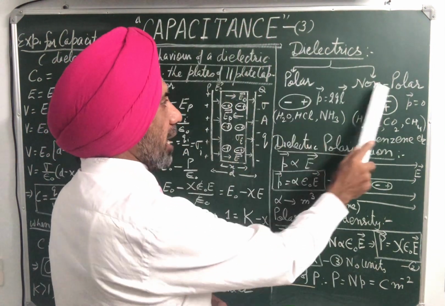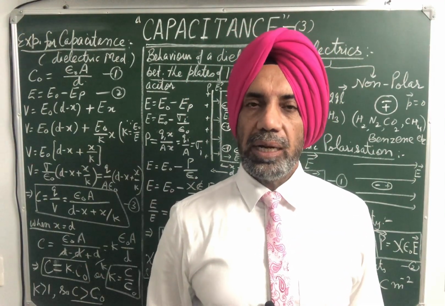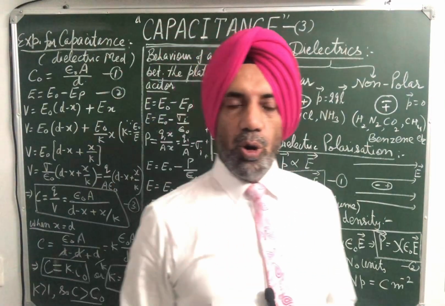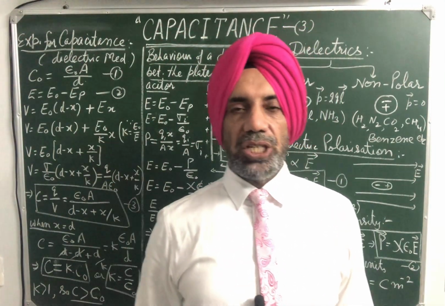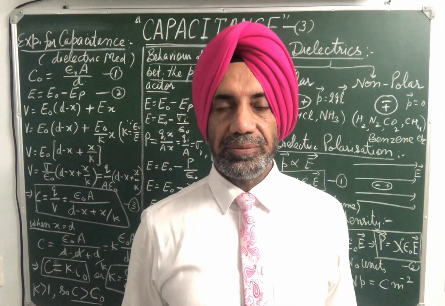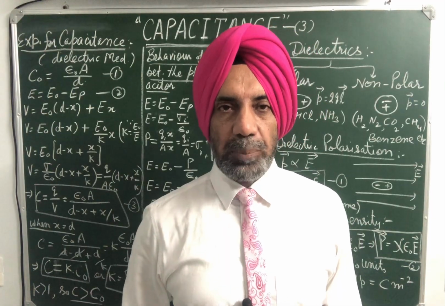Dielectrics are mainly of two types. Number one, polar dielectrics, and number two, non-polar dielectrics. Polar dielectrics are those dielectrics in which the center of gravity (Cg) of positive and negative charge do not coincide. In other words, they have a permanent dipole moment.